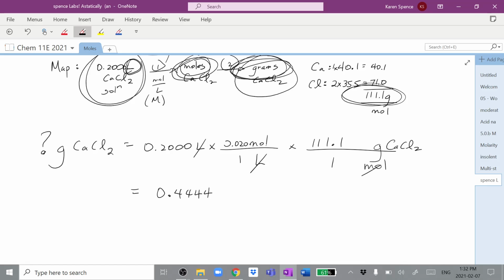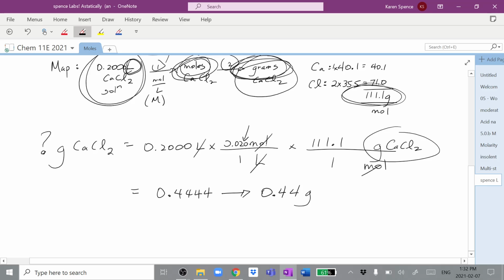There we are. What can we do? And we need to round it to 2 sig figs. So that is going to round to 0.44. And the only unit we have left is grams of calcium chloride. Box your answer. And that question is done, done, done.